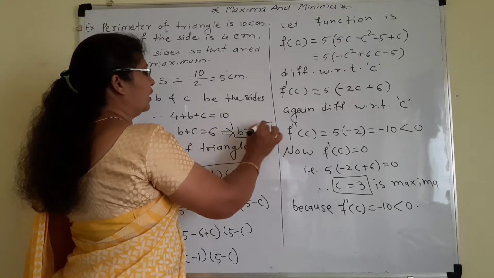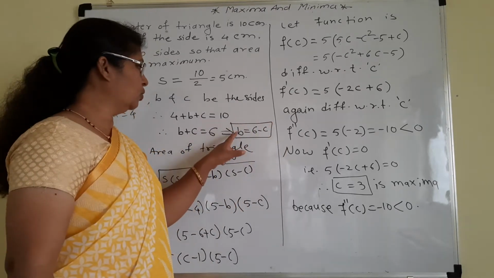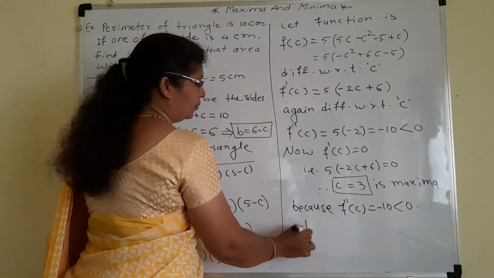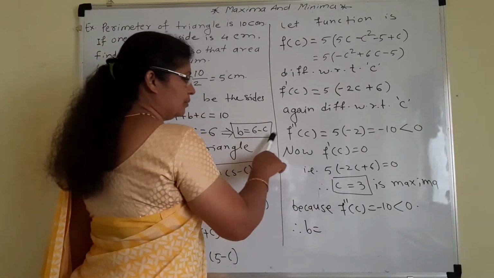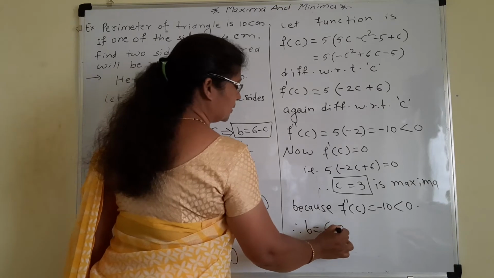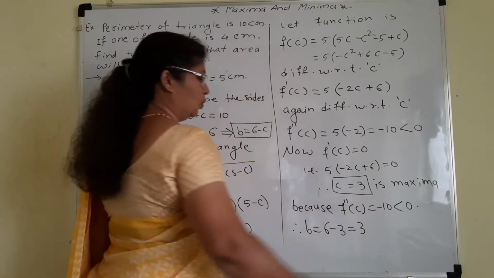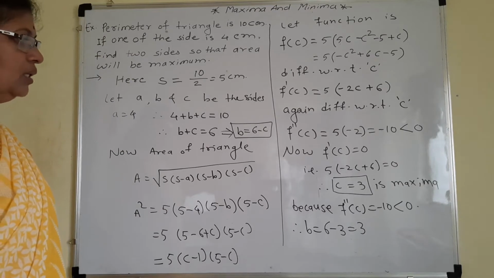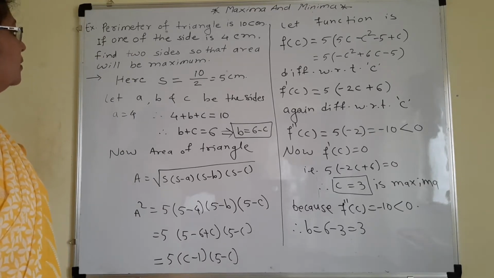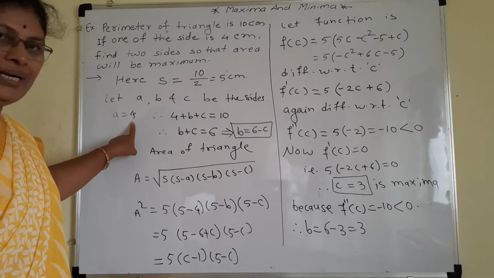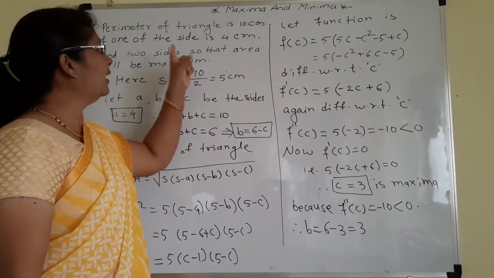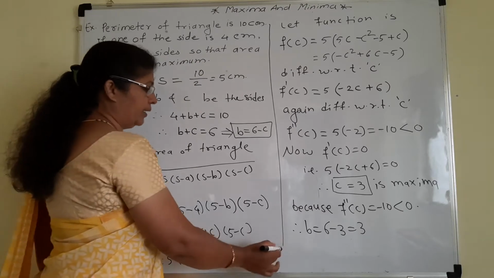I will put this value of c here so that the value of b will be obtained, and therefore b is equal to 6 minus c, that is 6 minus 3, which equals 3 again. So these are the values 3, 3 and 4. One of the values is already given, so that the area of the triangle will be maximum.